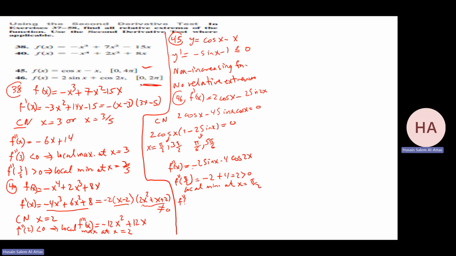Okay. Check f double prime 5 pi over 6. We do the calculation. That will be cosine 10 pi over 6 and 5 pi over 3, which is fourth quadrant. This will be positive, negative, negative. So that gives me negative.